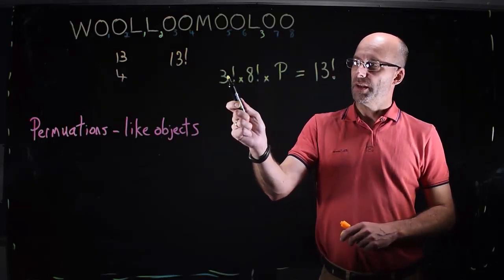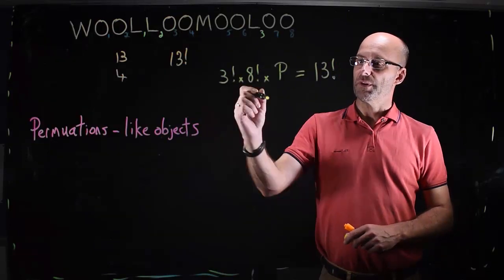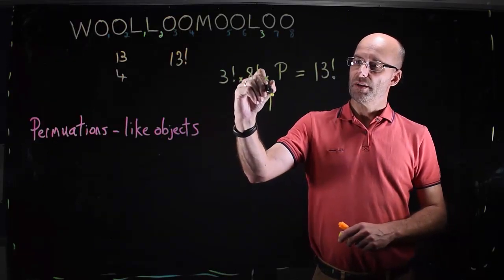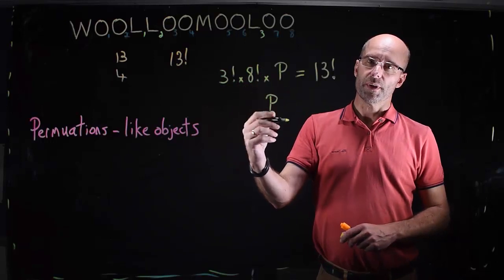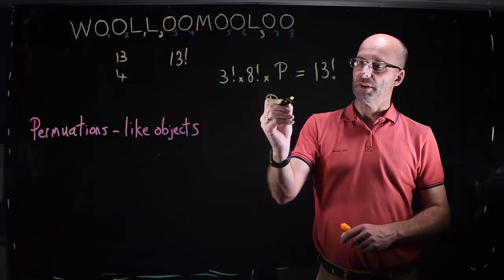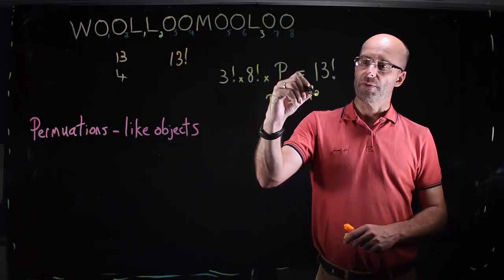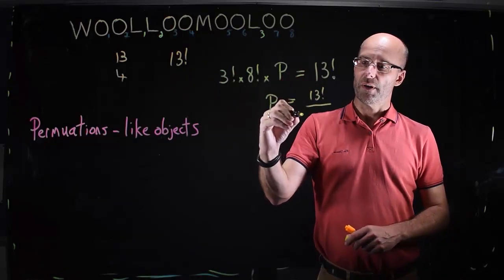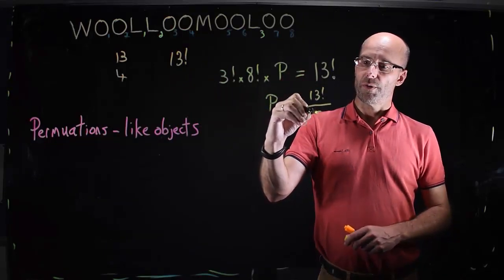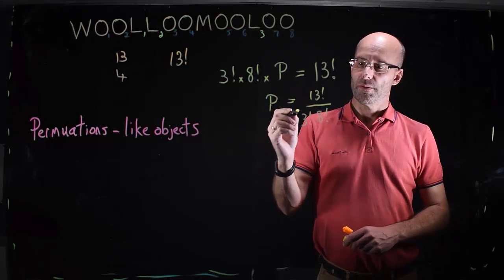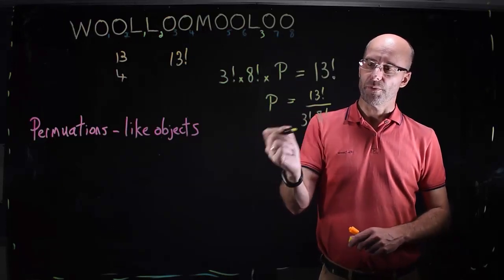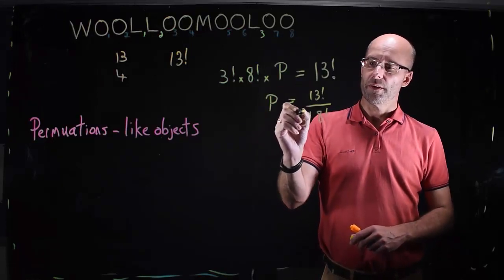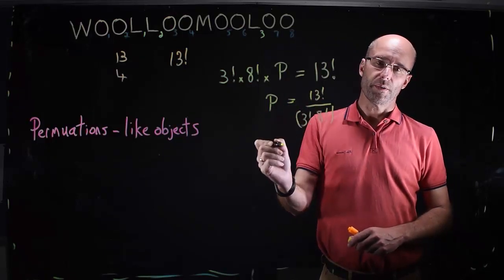However, as we said, we don't have these, so what we need to do is rearrange this, and the number of true permutations with these like objects would be a rearrangement of that 13 factorial over 3 times 8. Each factorial's on the bottom, so 13 factorial over 3 factorial times 8 factorial.